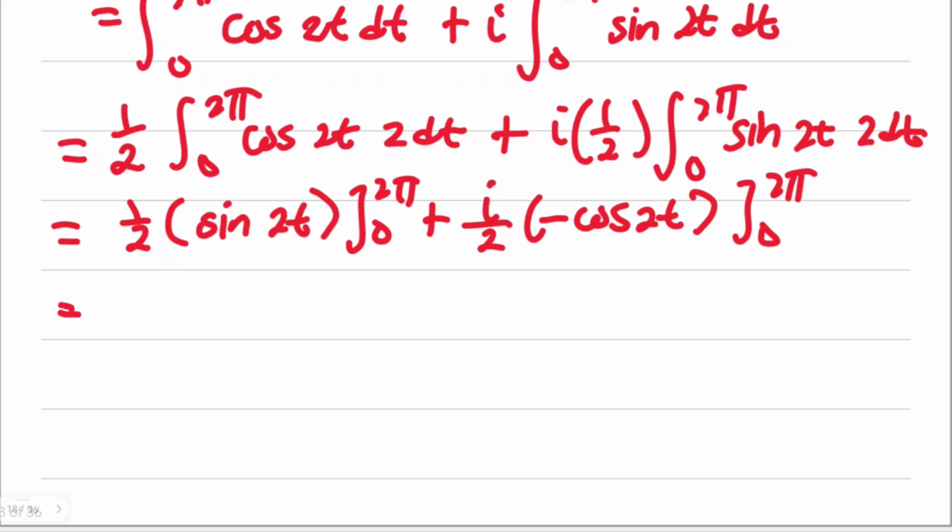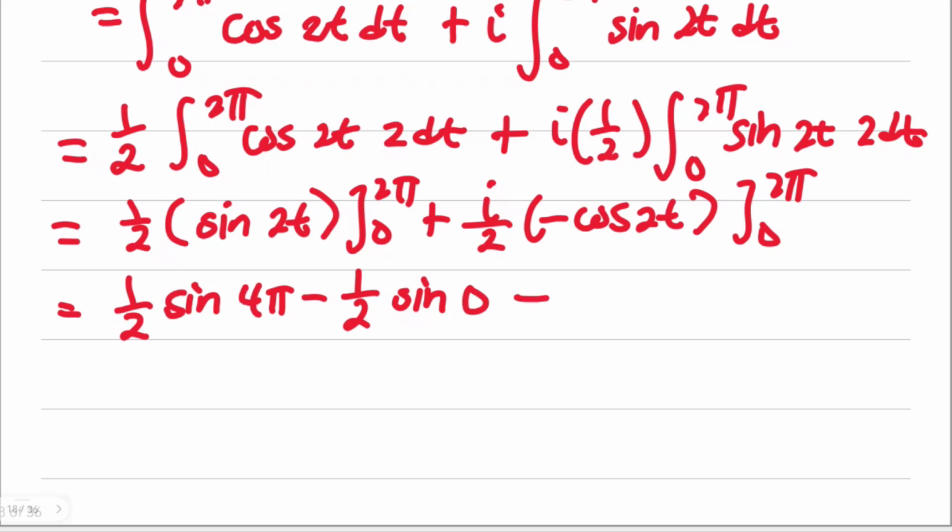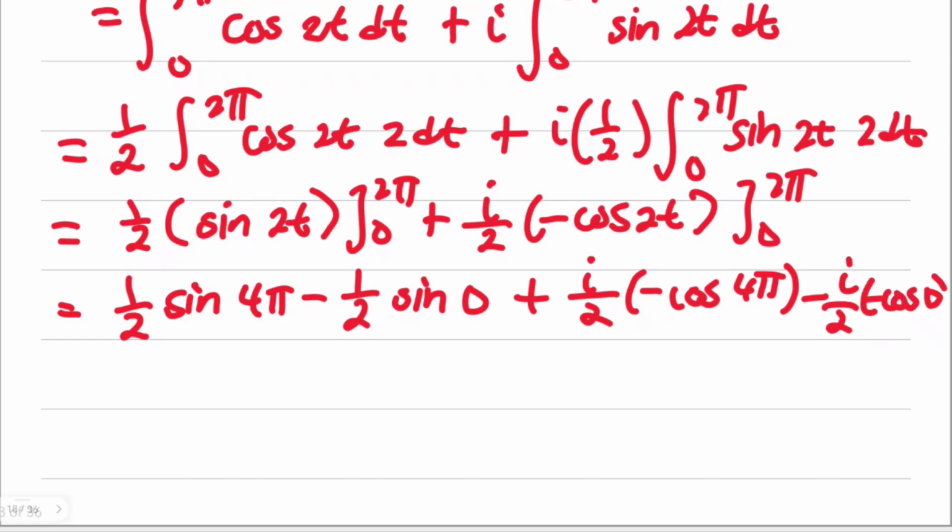You would see that it's a similar thing: 1/2 sine of 2 pi minus 1/2 sine of 2 times 0, which is also 0. Plus i over 2 negative cosine of 4 pi, then minus i over 2 negative cosine of 0. Sine of 4 pi, second revolution, is still equivalent to 0.